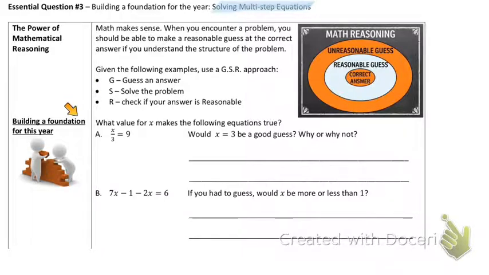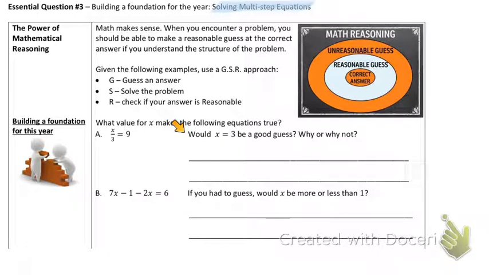If you look at this here, examples A and B are just some ways of incorporating GSR into a problem. Example A says, would x equal 3 be a good guess? Why or why not? You don't have to write it down, but I want you to think about that.